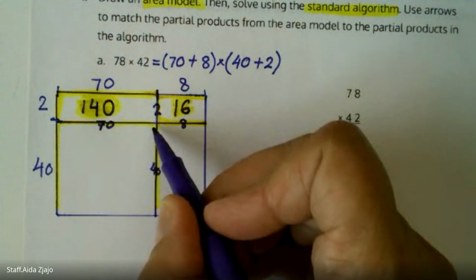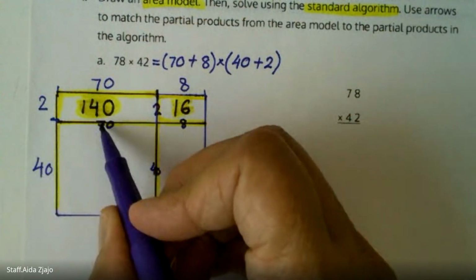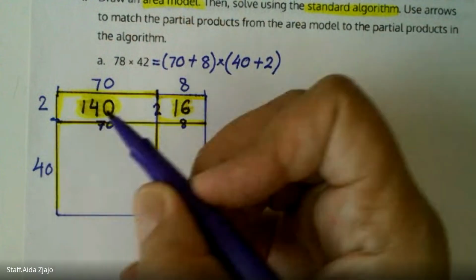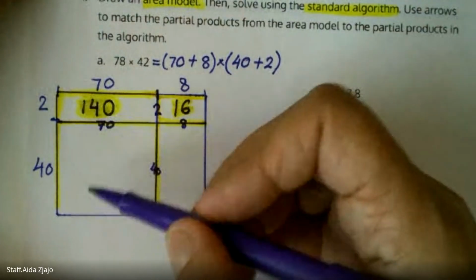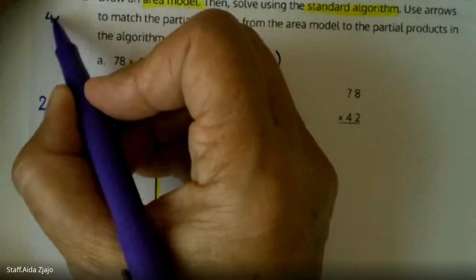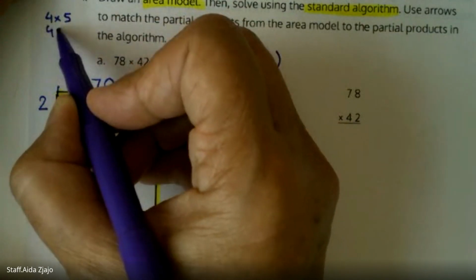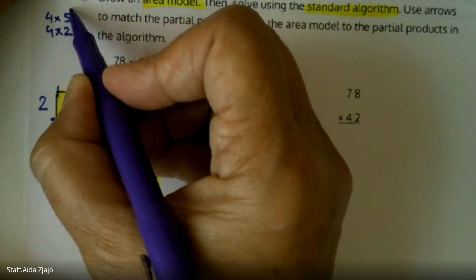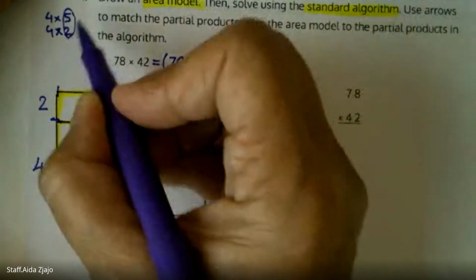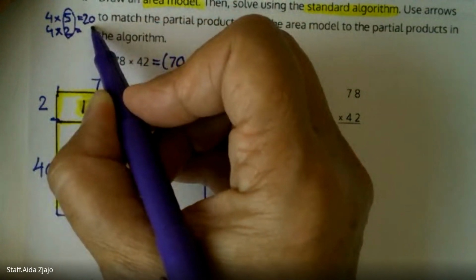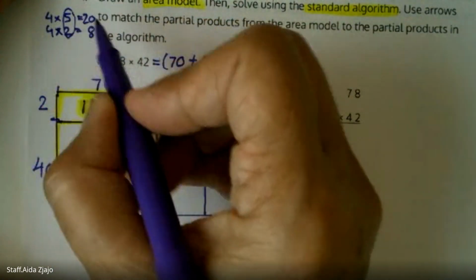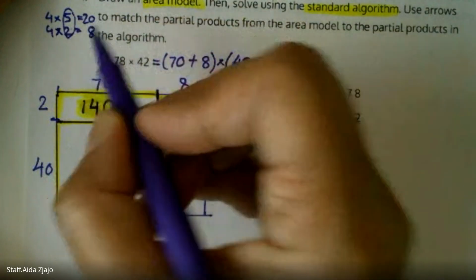40 times 70. 4 times 7. If you don't know what 4 times 7 is, you can easily say what is 4 times 5 and 4 times 2. 5 and 2 make 7. So if I know 4 times 5 is 20 and 4 times 2 is 8, so 4 times 7 is 28.